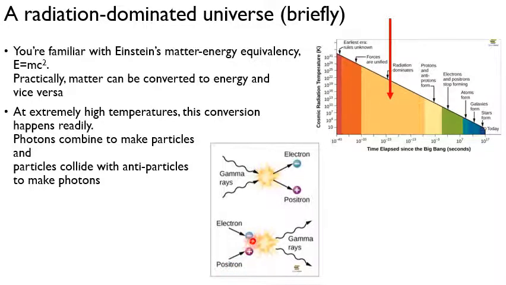These can combine and form gamma rays. At high temperatures, this is really happening all the time. You're creating matter and destroying it at a very rapid pace. This happens for brief amounts of time in other astrophysical environments, but the Big Bang is one case where it happens. So at this very early part of the universe, you are radiation dominated.